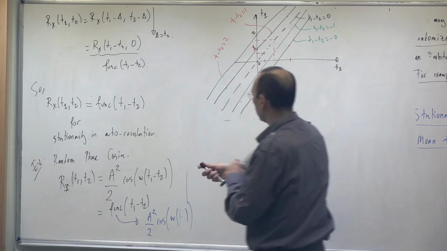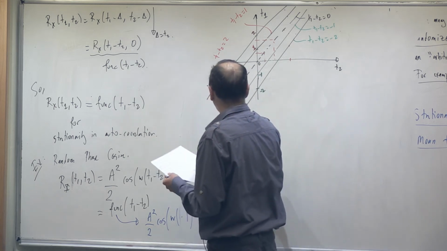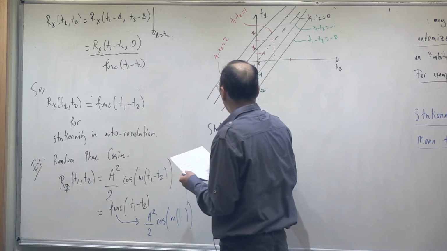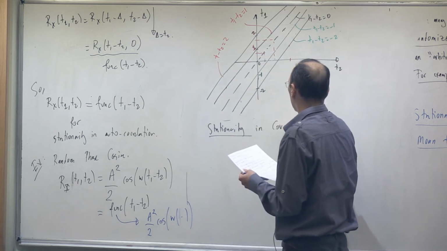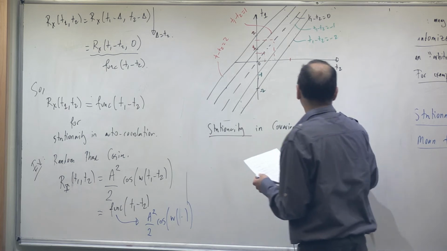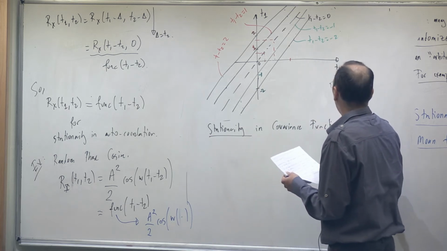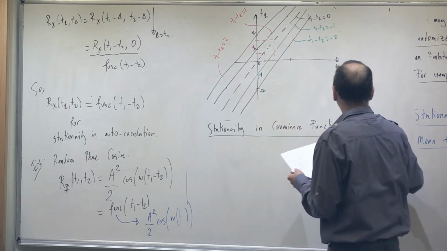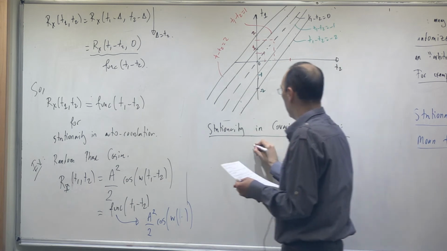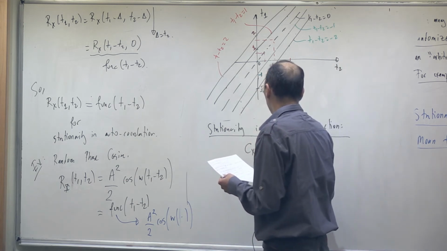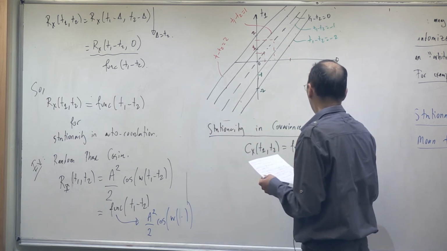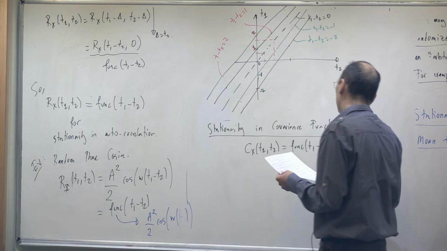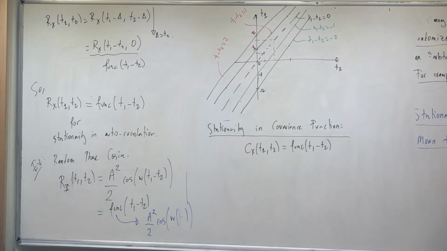Let me write a comment. Stationarity in covariance function, actually we are done. We don't have any other stationarity definitions. It should be Cx(T1, T2), and it should be a function of T1 minus T2.